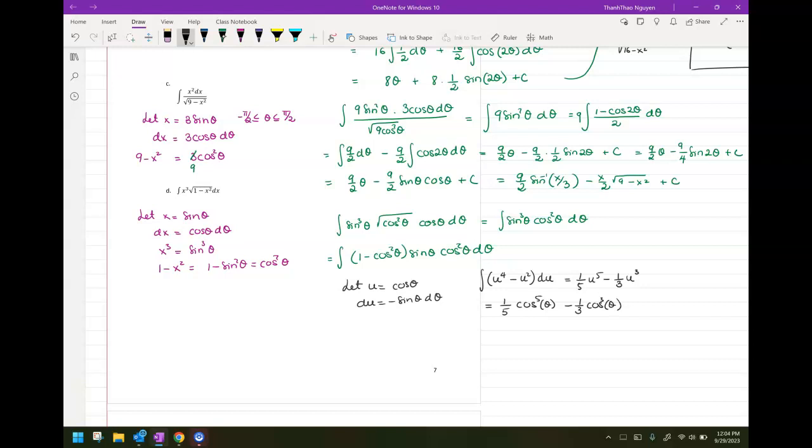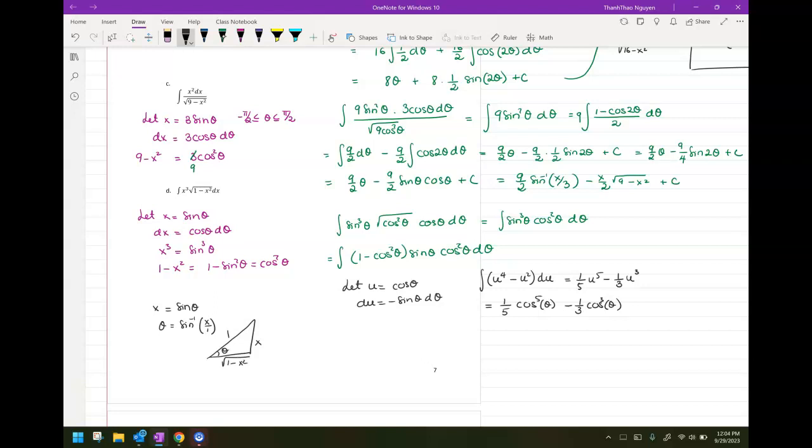Now we need to finish the u substitution, and now we have to undo the trig substitution. Okay, so we know x equals sine theta. So then theta equals sine inverse of x over 1. On the triangle, with x opposite and 1 the hypotenuse, the adjacent side is the square root of 1 minus x squared.